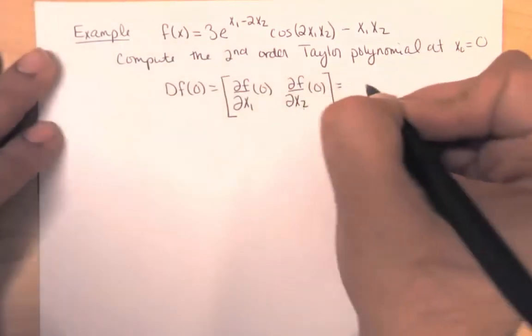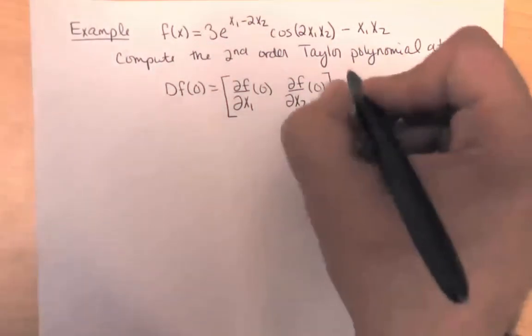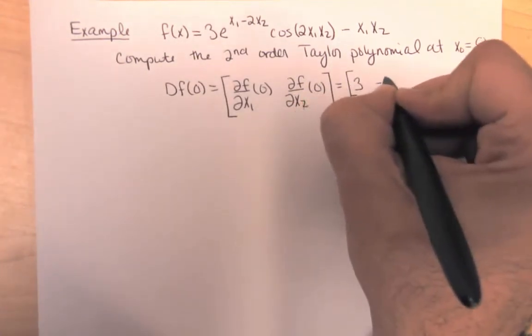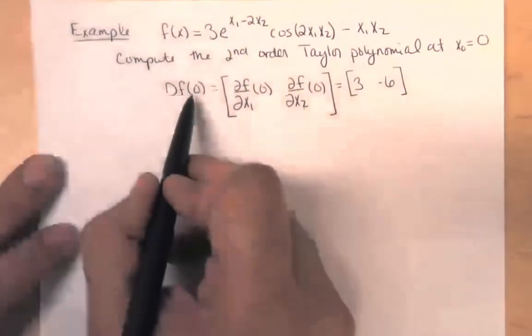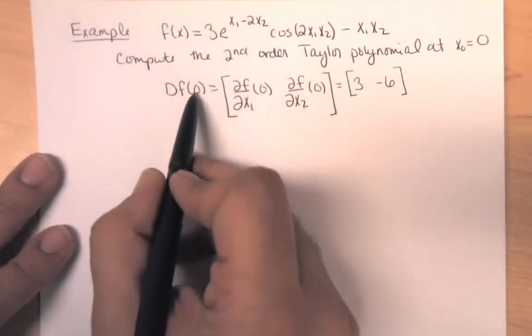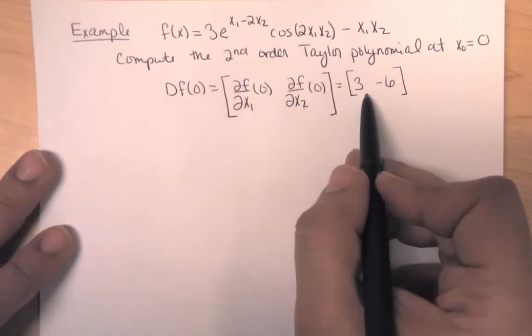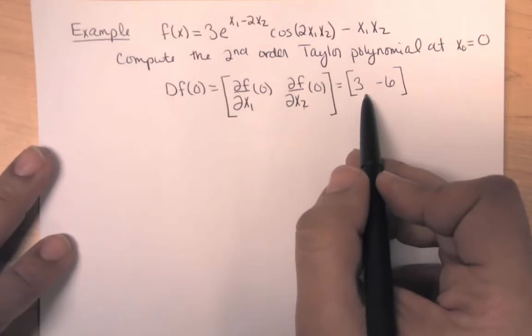Okay, so I'll let you compute those derivatives and evaluate at 0. What you would get is 3, -6. Once I evaluate the derivative at a point, I get a 1 by 2 matrix. Of course, I can also think of this as a mapping from vectors with 2 entries to numbers.